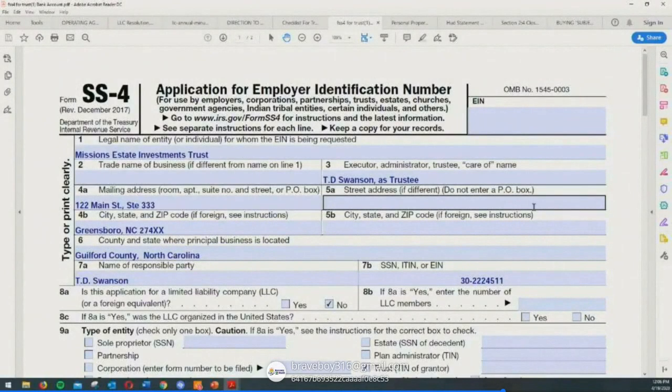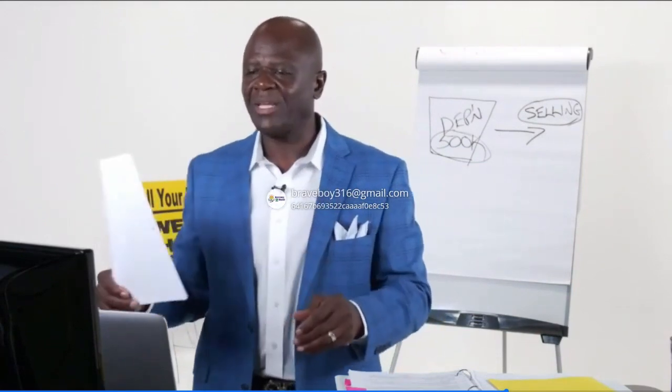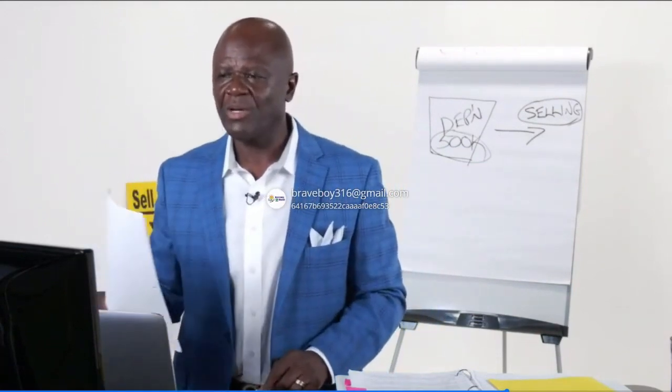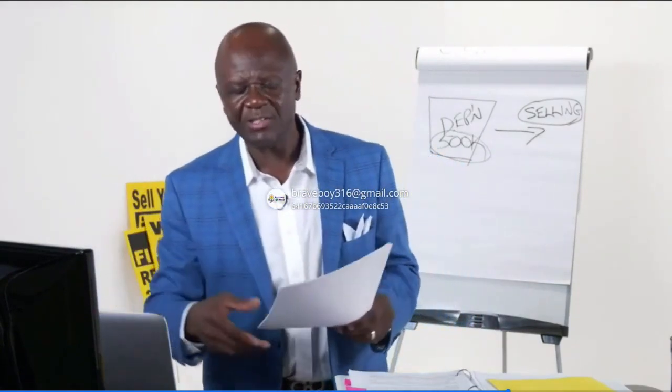You're going to take your trust documents that you created. You're going to go down to the bank. Now, the banks, more than likely, will ask you for all the trust paperwork.